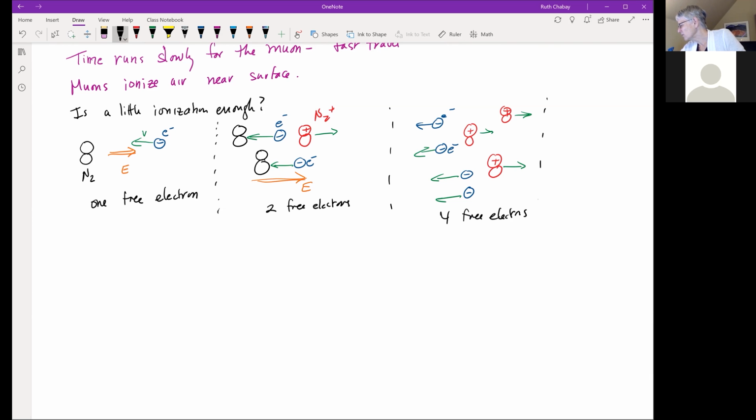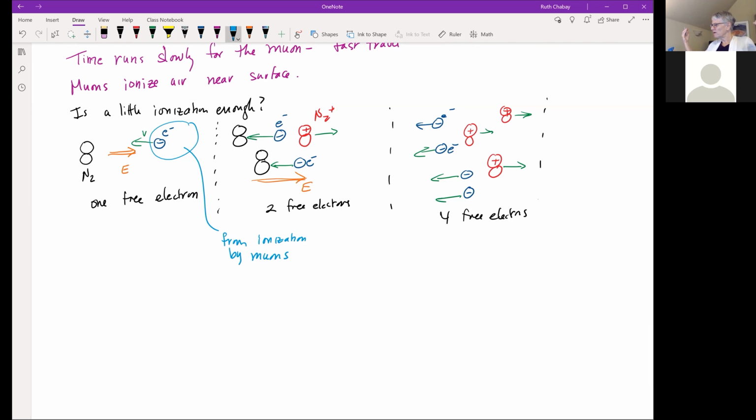No, the muons don't help with polarization. What the muons give us is the one free electron. But all we needed was that one free electron and our electric field, and now what we get is a chain reaction.